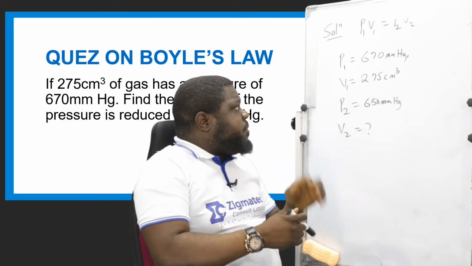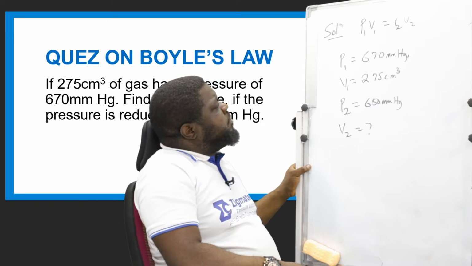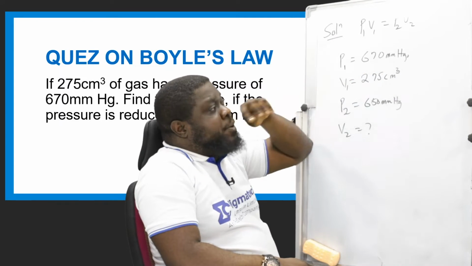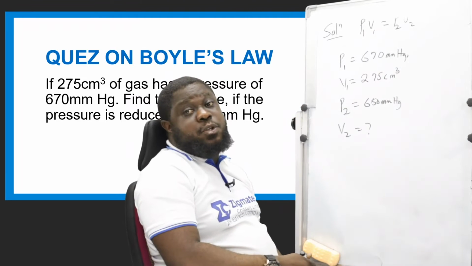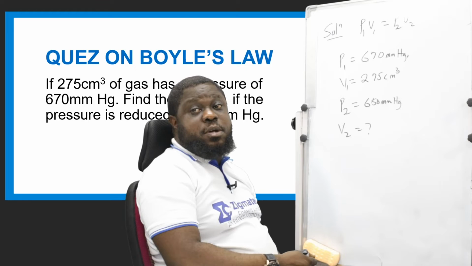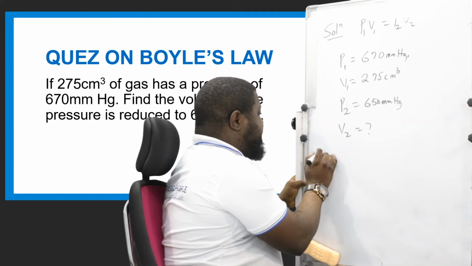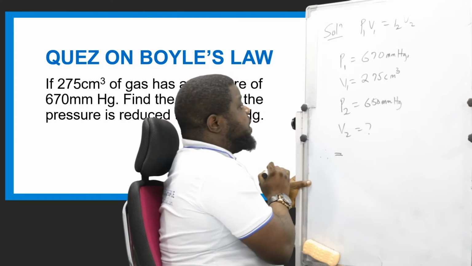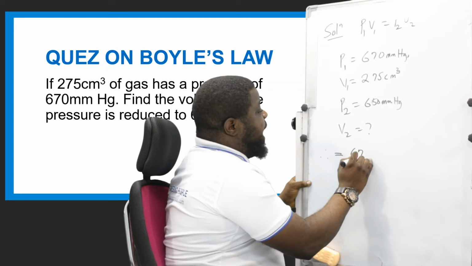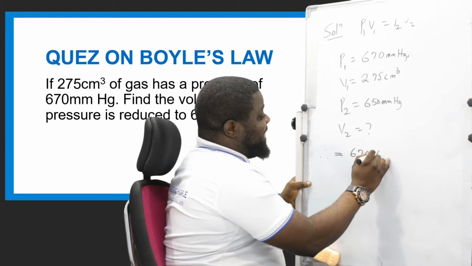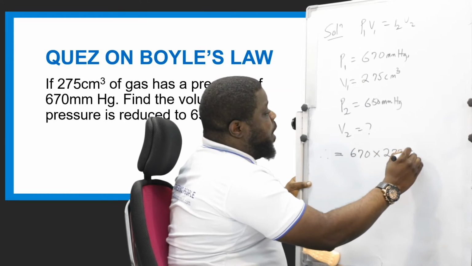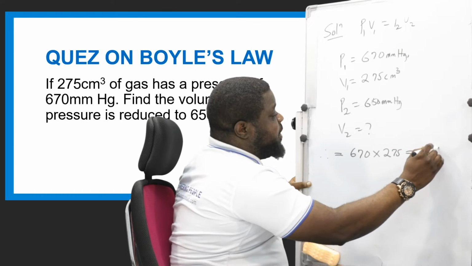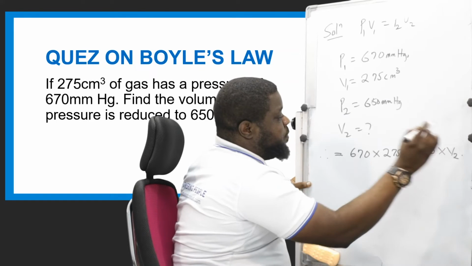So now, let us make a calculation. If P1 V1 equals P2 V2, it means P1 times V1 equals P2 times V2. So in essence, it is going to be 670 times 275 equals 650 times V2.